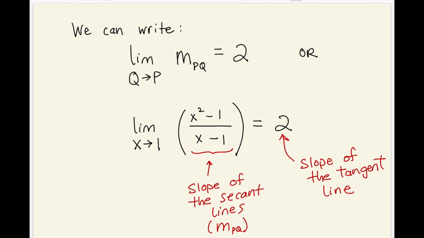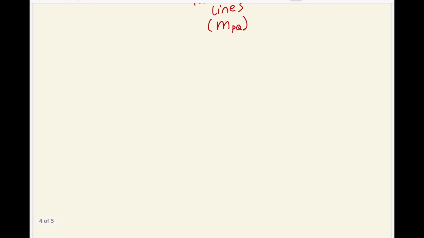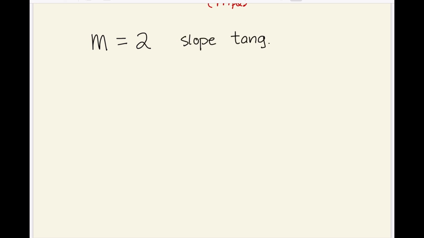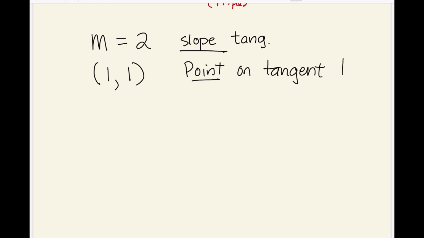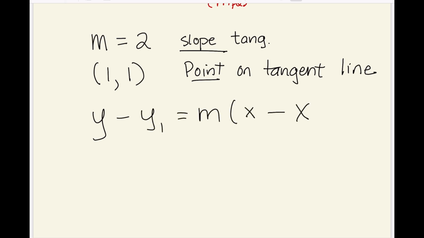Okay, and as a result, since the slope of the tangent line is 2, and since it passes through the point (1, 1), we can use the point-slope form of a line to get an equation of that tangent line.